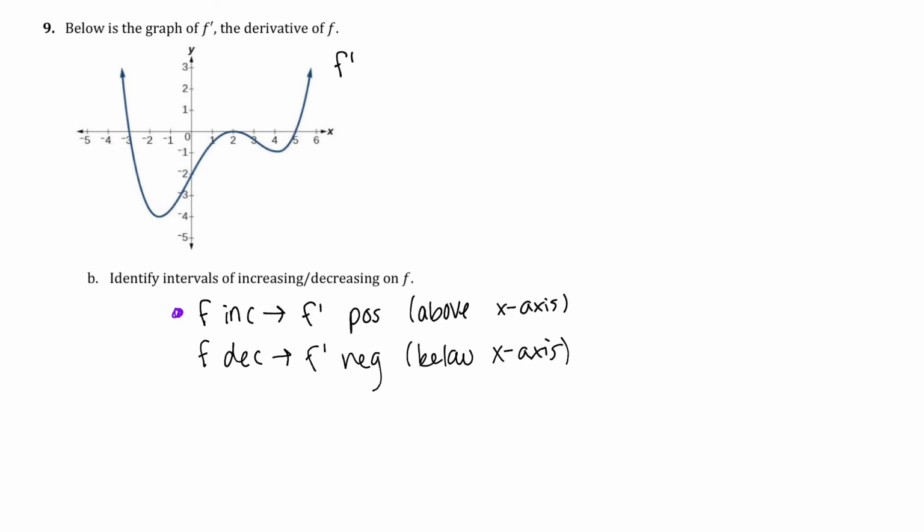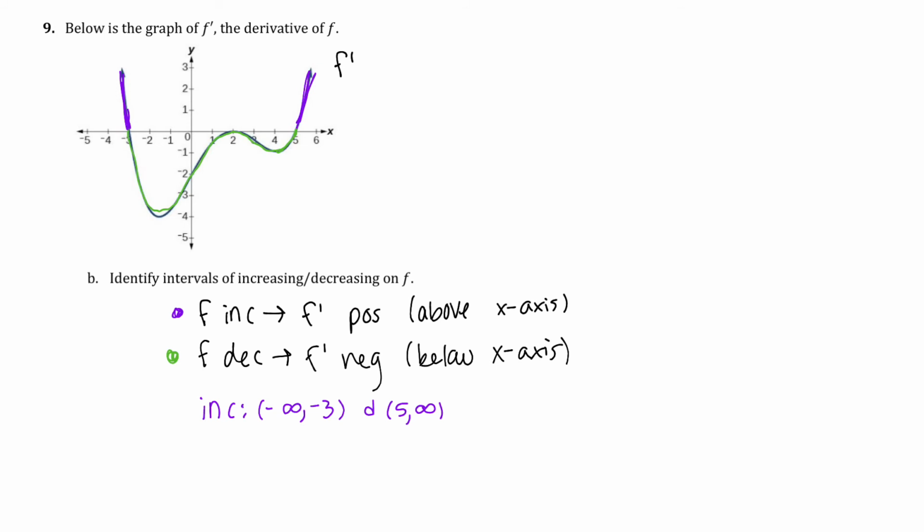So for increasing, we have to be above the x-axis. So this is above, and this is above. So we are increasing from -∞ to -3, and from 5 to infinity. And then we are decreasing wherever we are below.